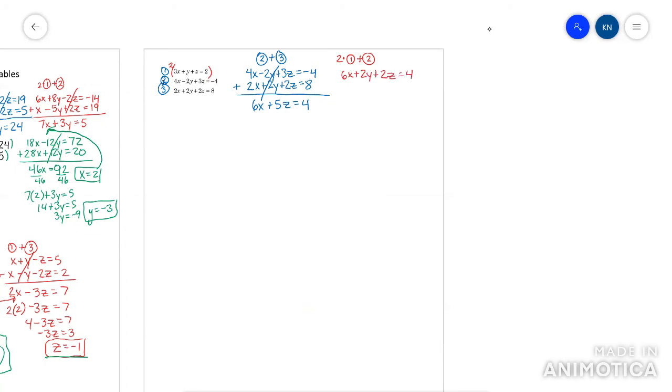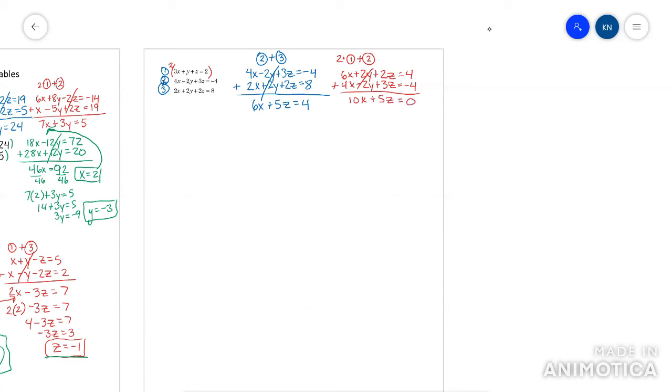That's the top equation when I scaled it. Then the second equation doesn't change. Now if I add these together, the y's cancel, which is what I wanted. You get 10x plus 5z equals 0.